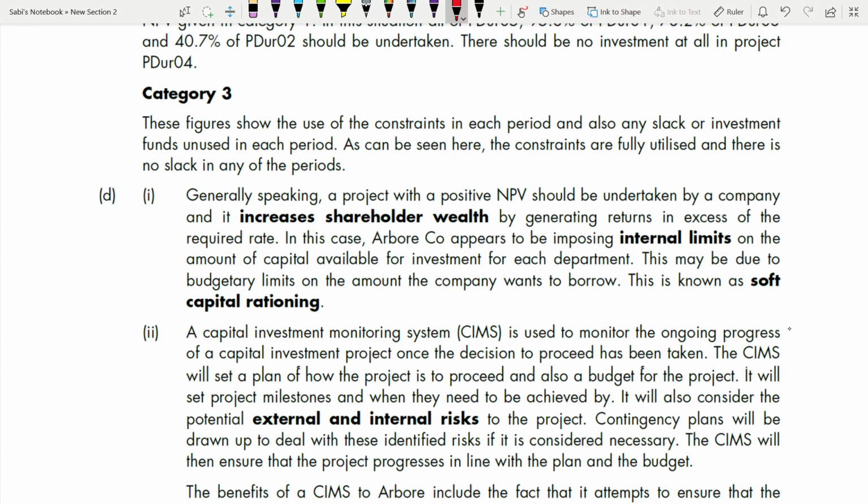As can be seen here, the constraints are fully utilized and there is no slack in any of the periods. So the good thing is the constraint has been fully utilized, right? There is no year where the constraints are not fully utilized. If the constraints are not fully utilized, you will see that there will be some slack. But the good thing is there is no slack in any of the periods. That's what it means.